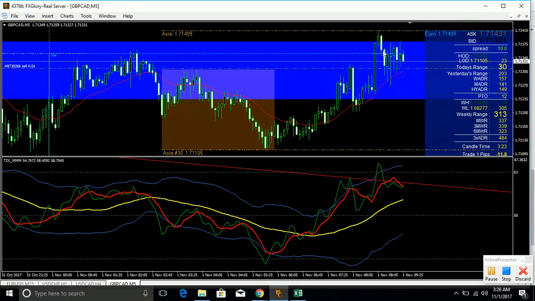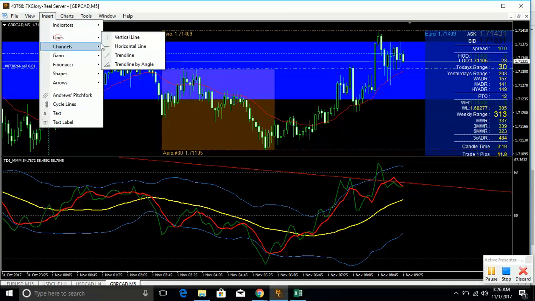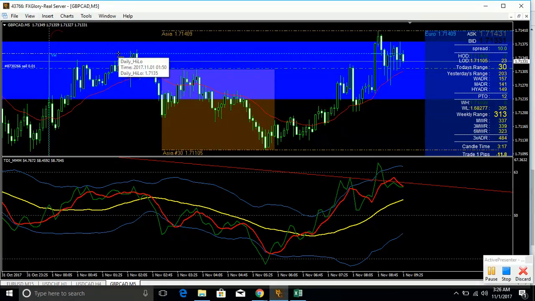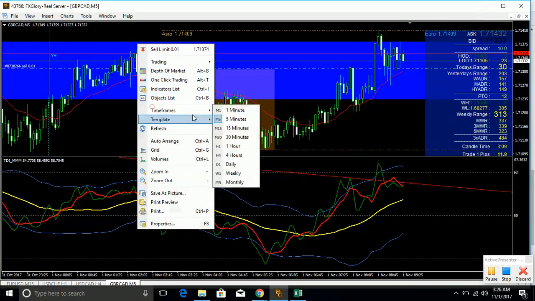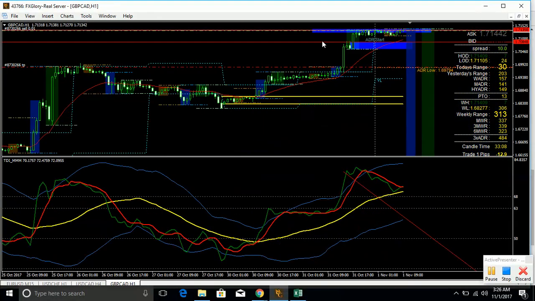Notice how this 5-minute pattern setup relates to yesterday's high, which is indicated by this blue tracer. Let me get this out the way.